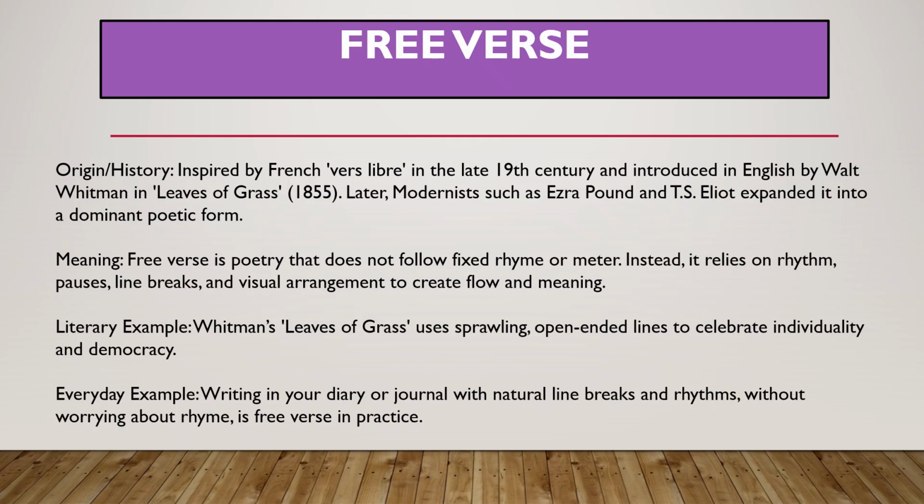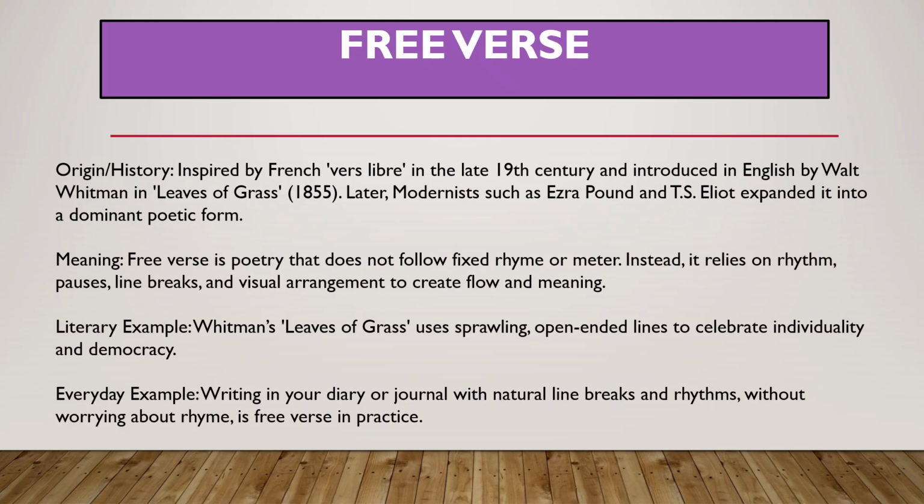So towards the end of the 19th century, and later other modernists, like you have studied T.S. Eliot's poem The Waste Land, and Ezra Pound, they were the major exponents of this particular form. It means you don't follow any rules while writing the poetry.